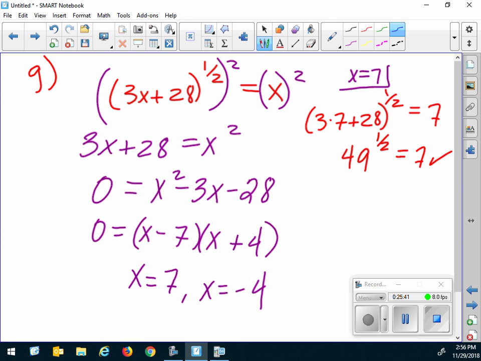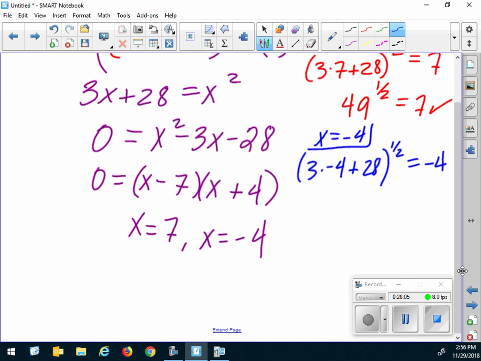Now let's try x equals -4. Just because it's negative doesn't mean it's not going to work. It might work. 3 times -4 plus 28 to the 1/2 power. Does that equal x, which is -4?